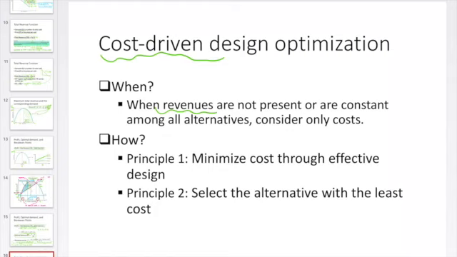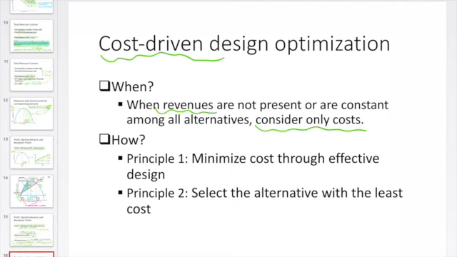We said we only focus on the differences. So if revenues are all the same, then we only focus on the costs, because only costs are going to be different, right? So now we consider only costs. And how do we consider that? First, we always want to have the minimized cost, okay? So between different options, which one costs the least?